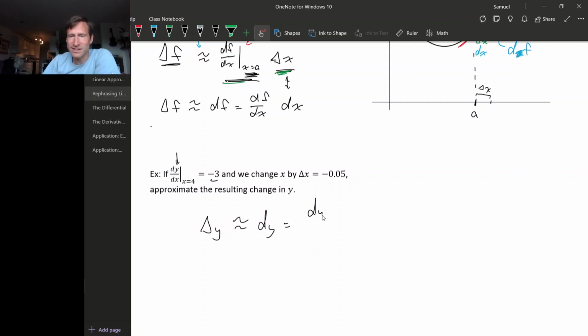And dy is dy dx at the place we started with, which is x equals 4, times dx. All right, well, the value of this derivative, that's given here, that's minus 3 times dx. Remember, dx is really the same as delta x in this situation, so that's minus 0.05.